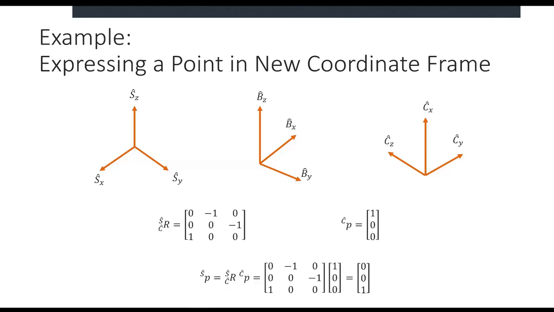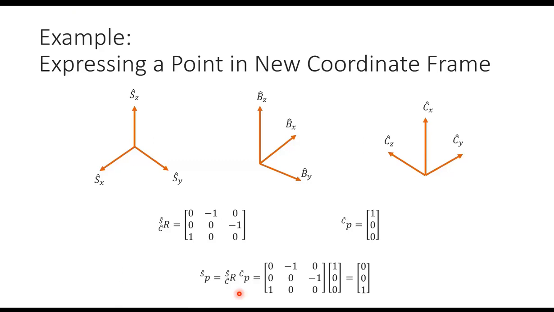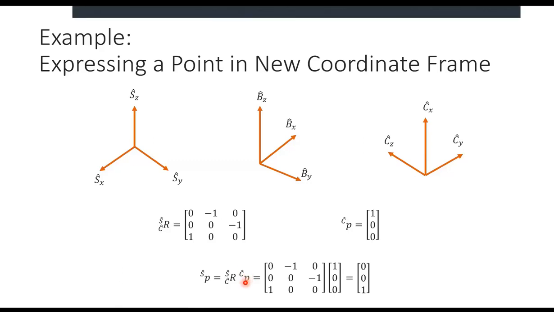The only redeeming factor of this confusing notation, which was new to me when I picked up the textbook that uses it, is that we can cancel these things out like fractions. If you have a C on top here and a C on the bottom here, you can scratch those out and you end up with an S. And this works if you compose multiple rotations together. That's one way to remember what we're talking about in this concept of transformation.